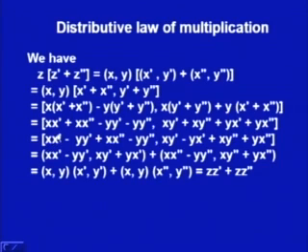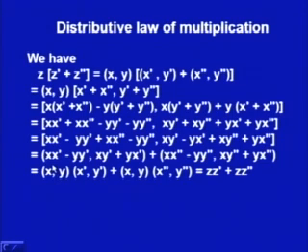Now, again we can rearrange the above expression as (x x' minus y y') plus (x x'' minus y y'') as the real part, and (x y' plus y x') plus (x y'' plus y x'') as the imaginary part.